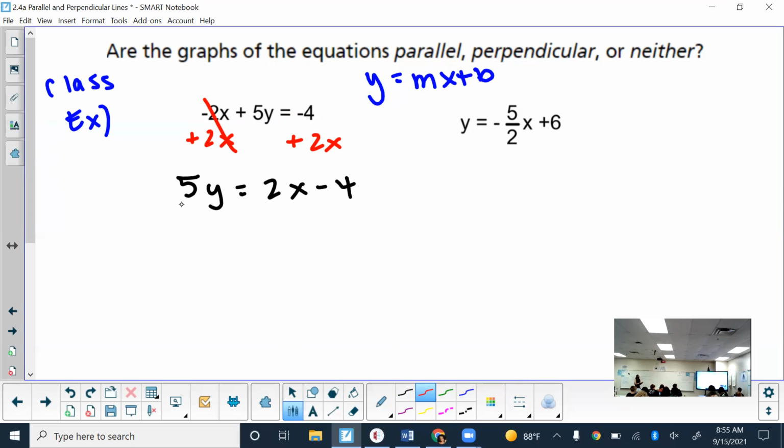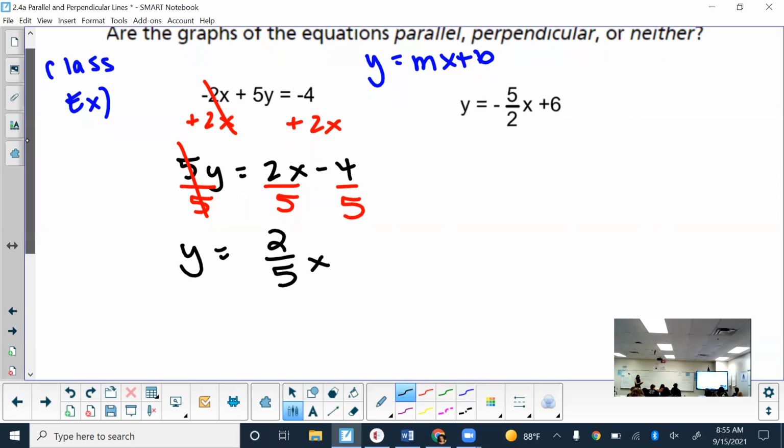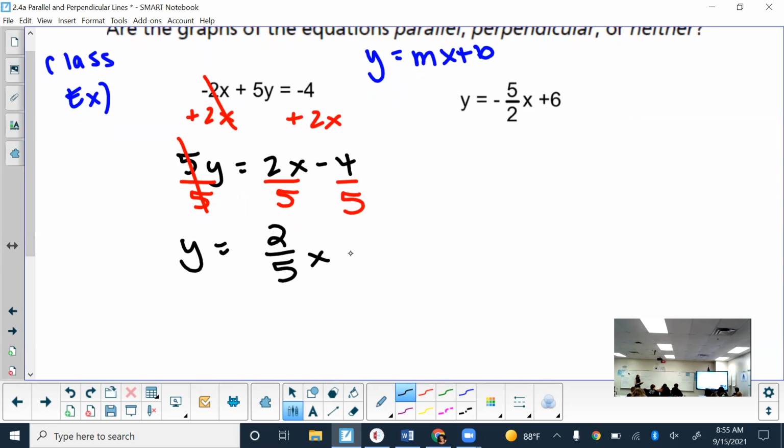What do I do? So divide each term by 5. On the left, the 5's cancel. Can I leave my slope as a fraction? Yes. Should I leave my y-intercept as a fraction? So what would that be as a decimal? Good. And then we rearranged it.